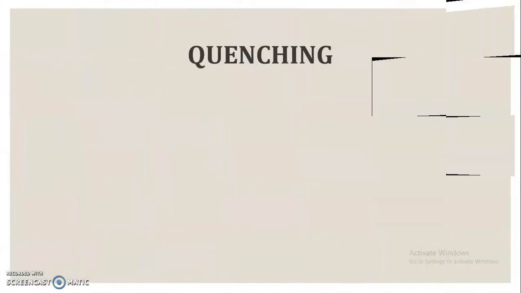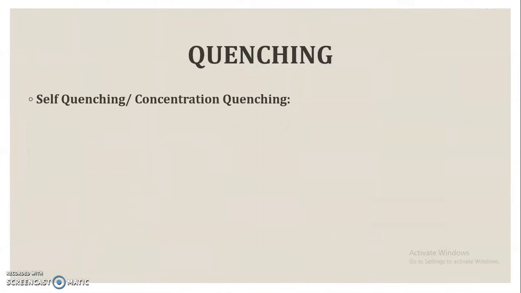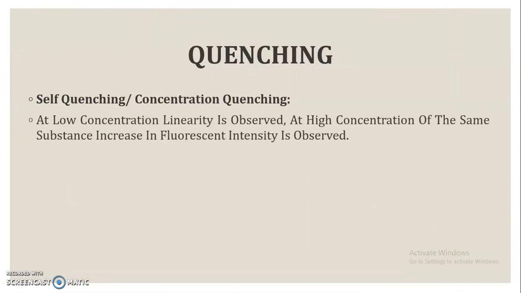Then the second type of quenching is self quenching, which is also known as concentration quenching, because this quenching is due to the concentration. At low concentration there is a linearity, and at high concentration of the same substance a deviation in the fluorescent intensity is observed. Means the intensity and concentration have a direct linear relationship between the concentration as well as the intensity of the fluorescence that is produced.